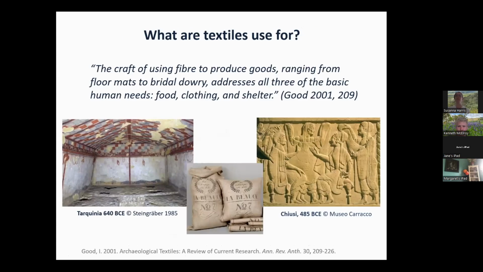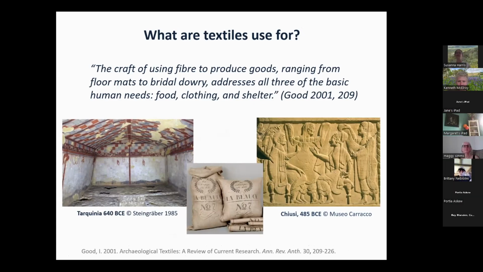So as I've already touched on, what are textiles used for? Here we can think, looking back at Irene Good's work again, of textiles as the craft of using fibre to produce goods ranging from floor mats to bridal dowries, addressing all three of the basic human needs: food, clothing, and shelter.